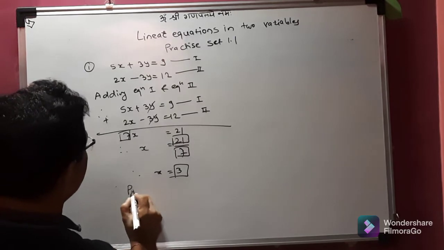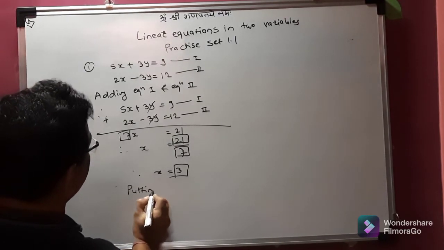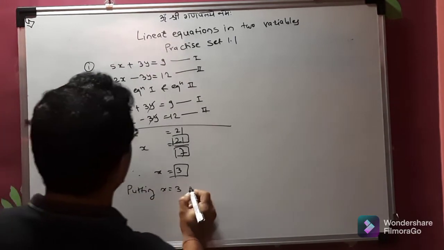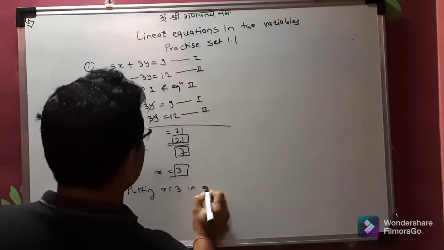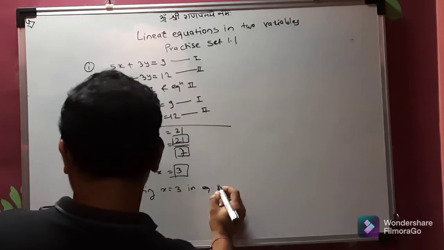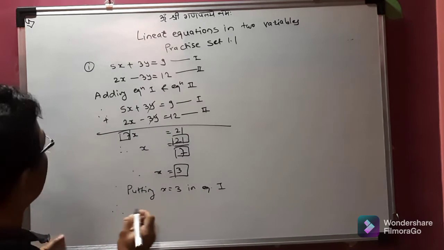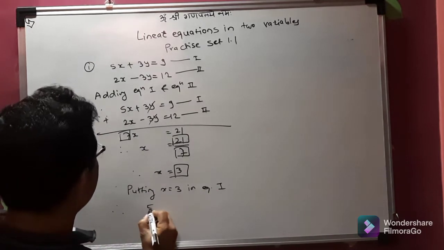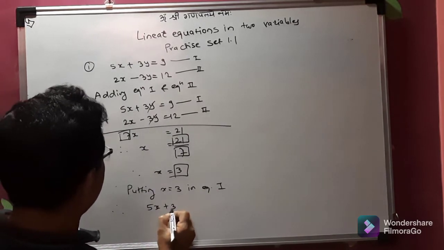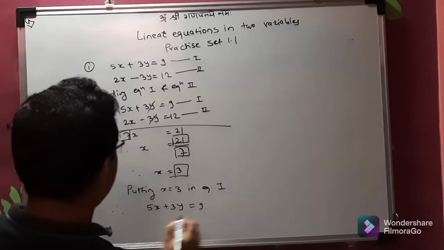So putting x is equal to 3 in equation 1. Equation 1 is 5x plus 3y is equal to 9.